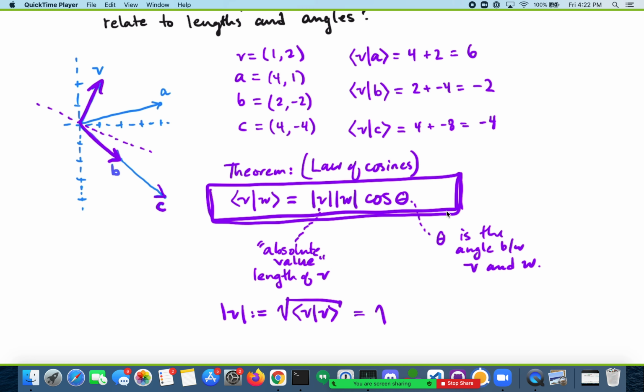But let me just first say what this is. What's V dot V? V dot V is V1 times V1 plus V2 times V2 plus... Let's say that if V is in R3, then V has 1, 2, 3 components. If V was in R4, then we'd have 4 terms. Let's make V be in R4.